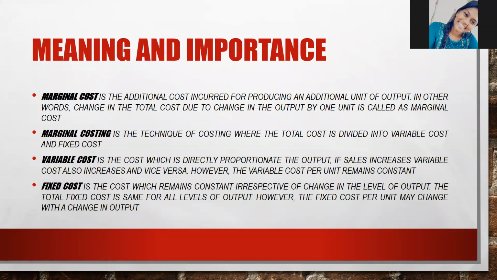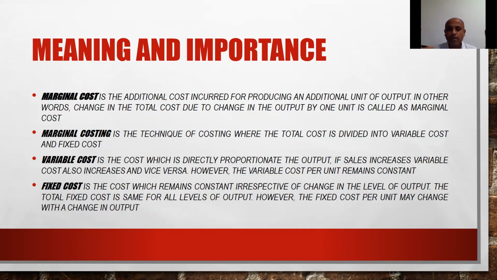Don't say fixed again, we'll get confused. Constant. Yes. Per unit fixed cost. It keeps changing. It is inversely proportionate. Yes. I want you to remember only those things which do not change.